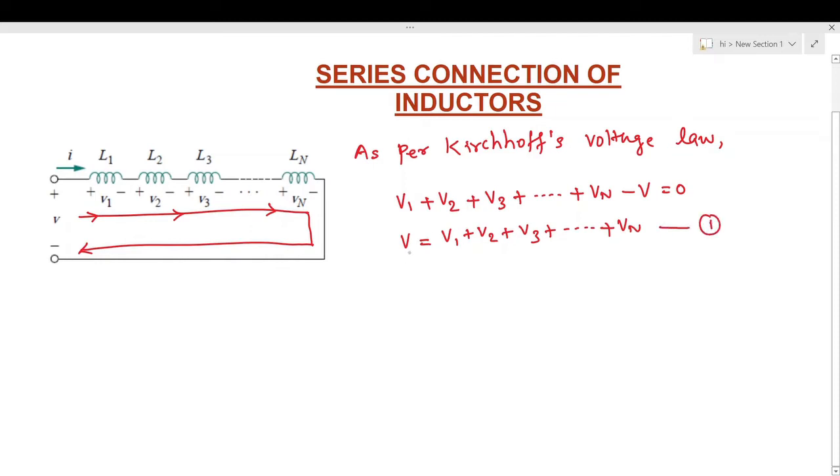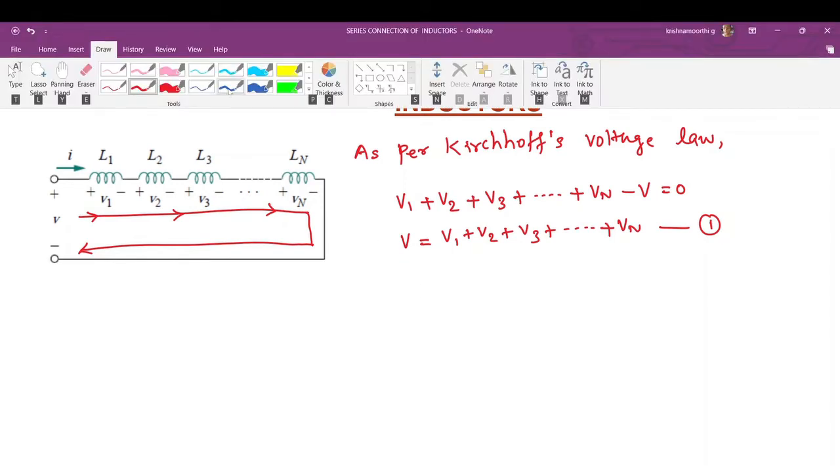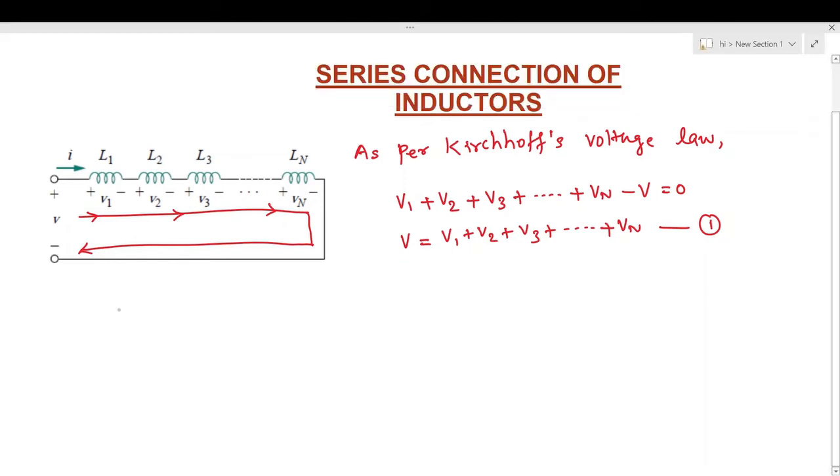We need to apply the value of V here to find out the equivalent inductance of this circuit. For that, we know one formula: V is equal to L into di by dt. So we are going to apply this formula into equation number 1.